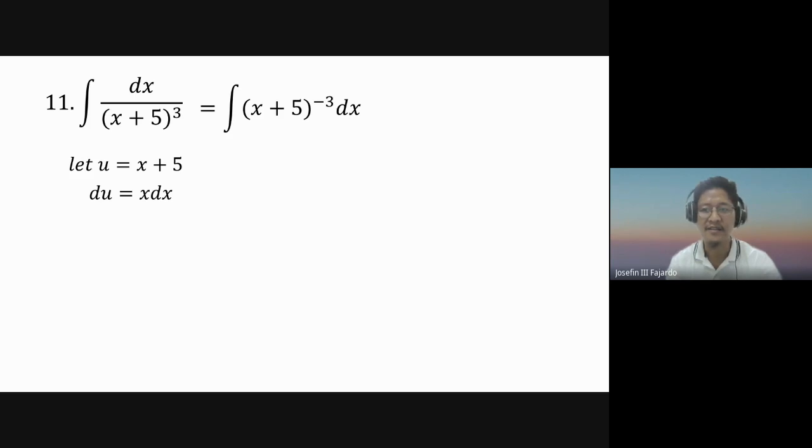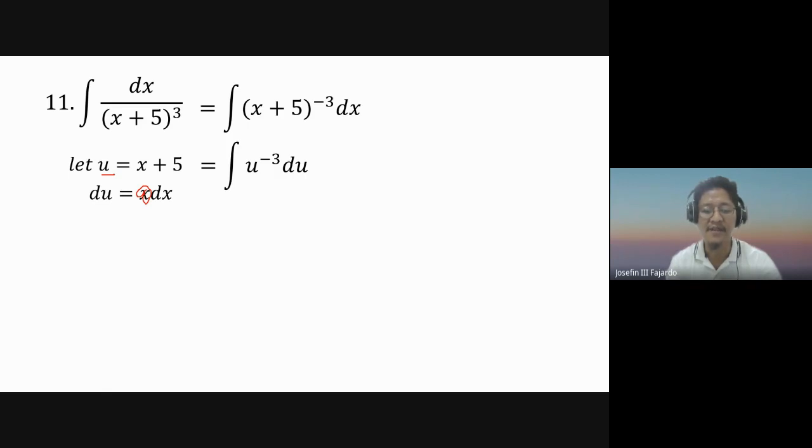Sorry, dapat ito dx. So we can now have here yung x plus 5 as u, and then dx as du. So we can now rewrite this in this manner. And then directly we can now get the integral of this.